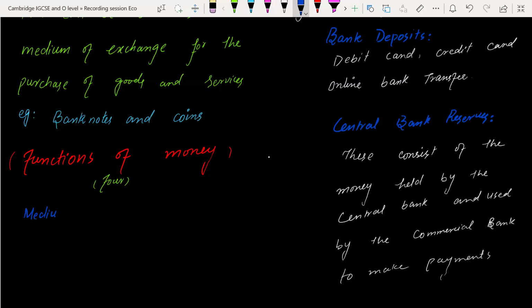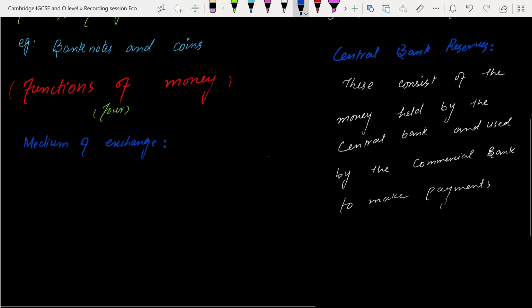What's the meaning of this one? The first function of money is medium of exchange.